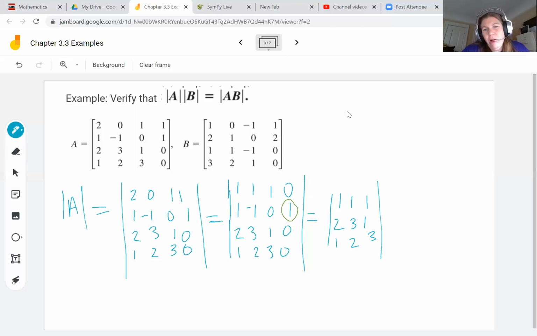Because see how all the other values in this column are zeros? That means I only have to do one determinant here when I expand the cofactors. If I'd chosen one of these other 1 values, I would have had more determinants to expand. So everything else is going to just be 0 times their cofactors from this column. Does that make some sense?